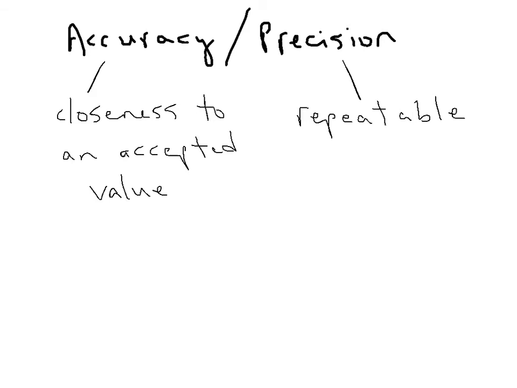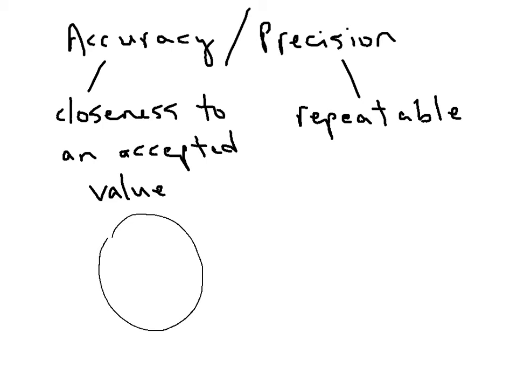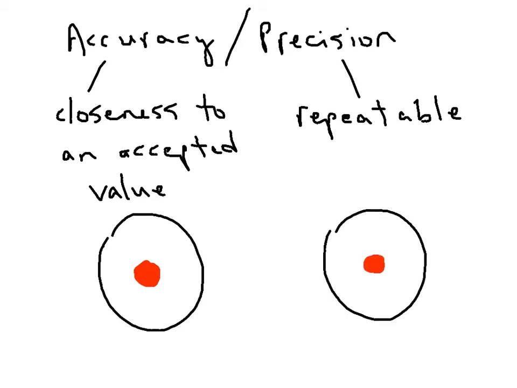So if we were to think about this in terms of a drawing, and we make a rough sketch of a dartboard with our bullseye in the middle, if we were to throw 3 darts at each bullseye, we would have high accuracy and high precision on the left, and low accuracy, high precision on the right.